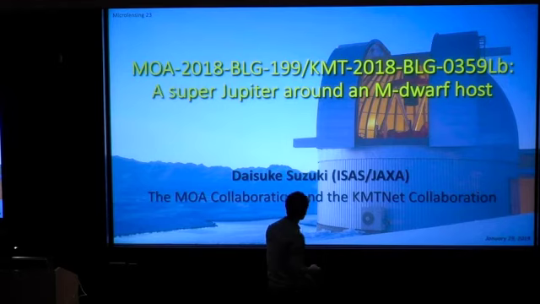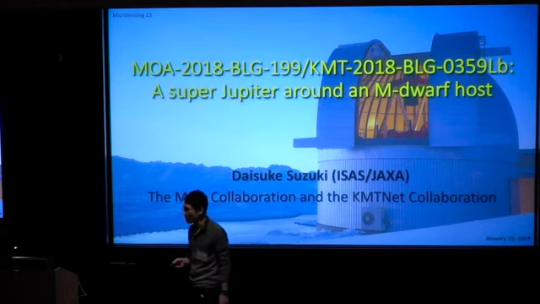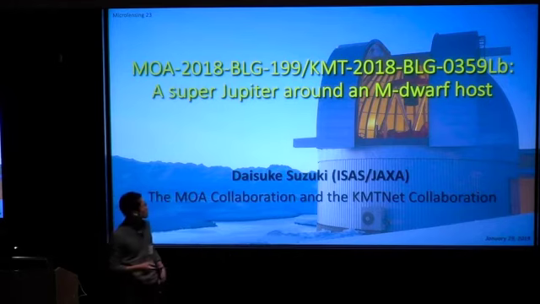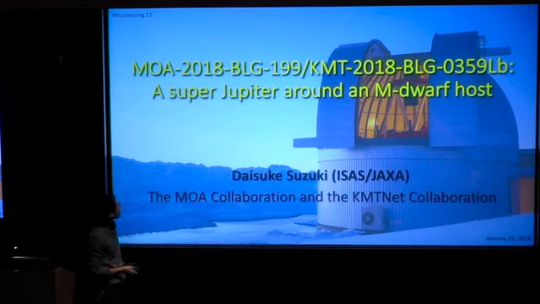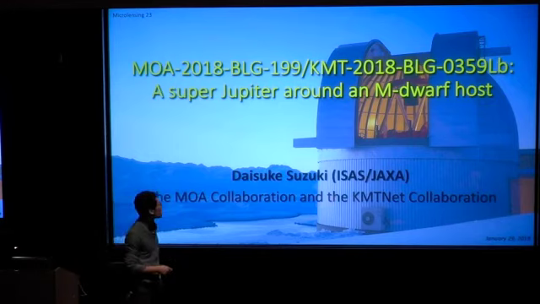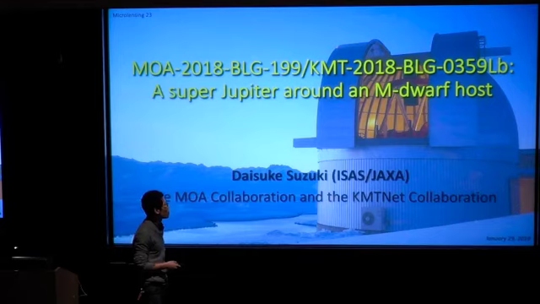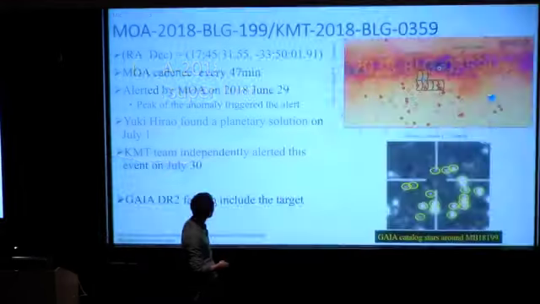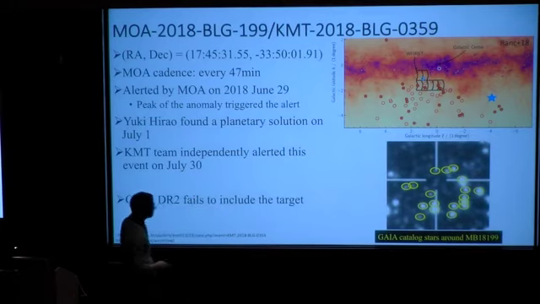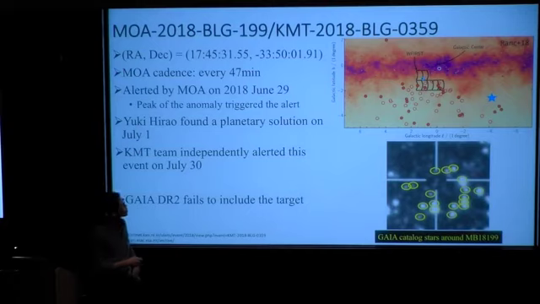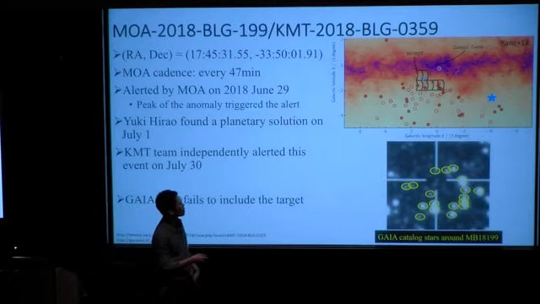I'm Daisuke Suzuki from ISAS JAXA. I'm going to talk about the analysis of MOA-2018-BLG-199, which is equivalent to KMT-2018-BLG-359. This event occurred at this location, indicated as a blue star in the right figure.